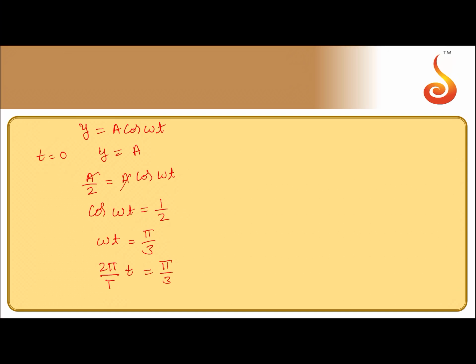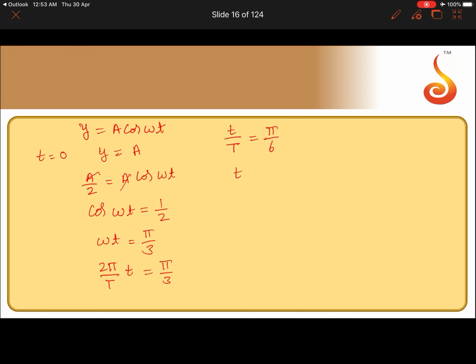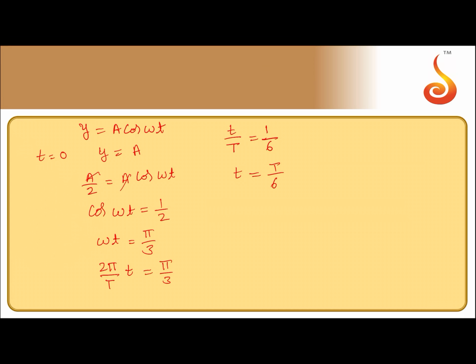You will get t by T is equal to 1 by 6. Sorry, 1 by 6, pi got cancelled. So it must be 1 by 6. So t should be equal to T by 6. So that is option A.